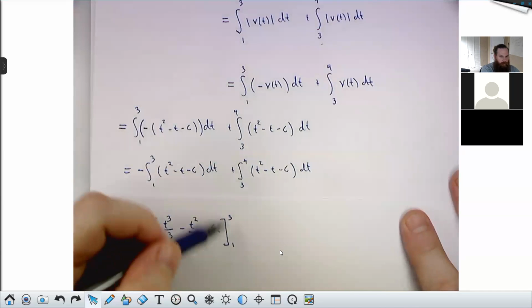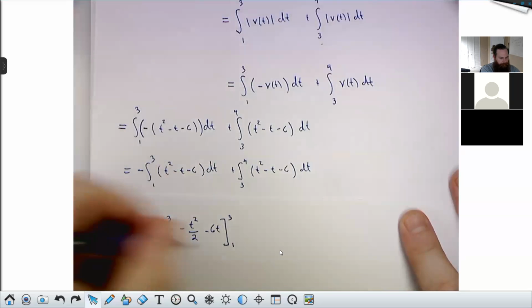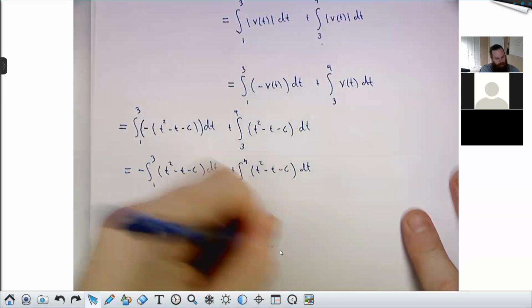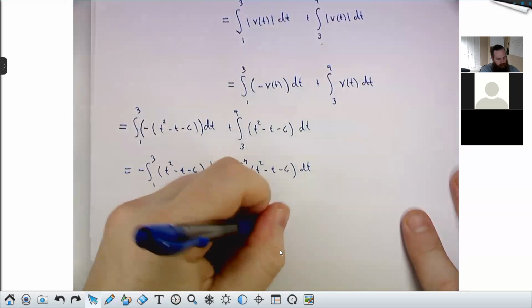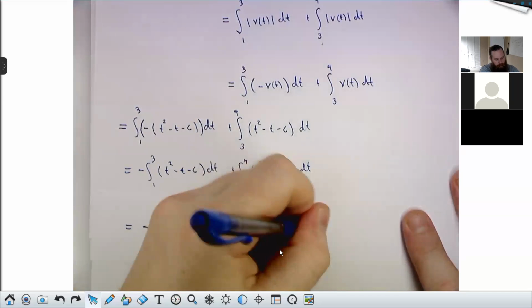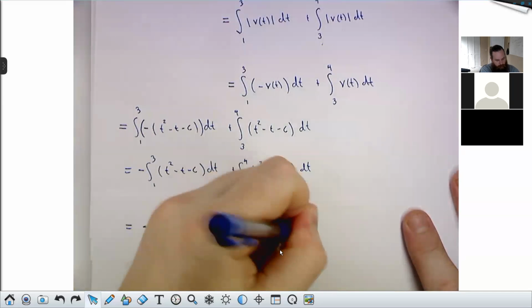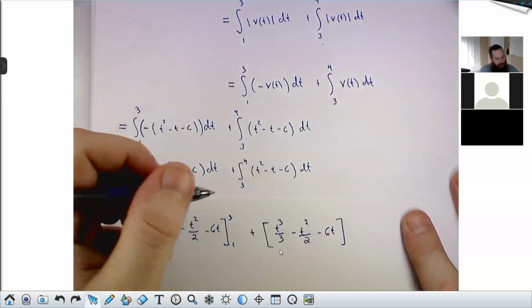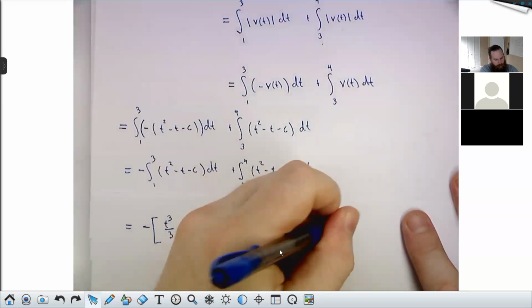And he's going to be evaluated from 1 to 3. This plus is this plus. This guy has the same antiderivative, t cubed over 3 minus t squared over 2 minus 6t. And he's going to be evaluated from 3 to 4.